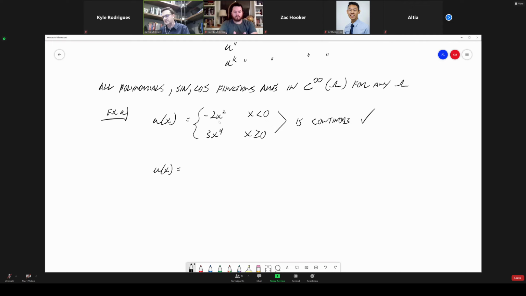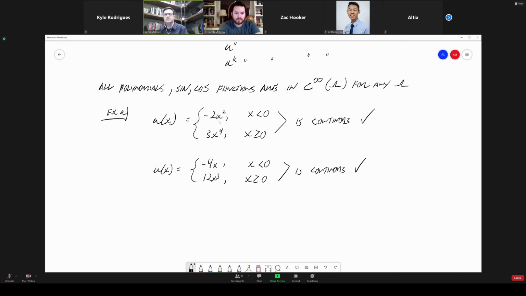Then u prime of x is minus 4x for x less than 0, and 12x cubed for x greater than or equal to 0. Did you write the prime above the u?